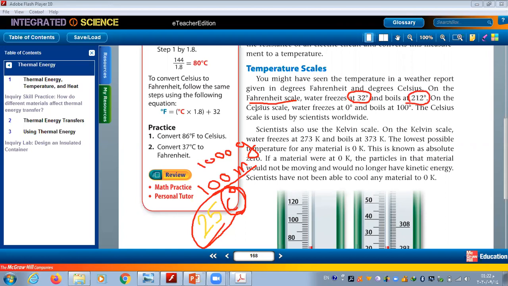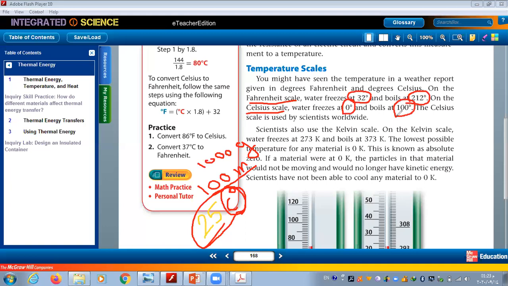The most common scale that we use here in Saudi Arabia, or in the Arab region, is the Celsius scale. In the Celsius scale, the freezing point of water is 0 degrees and the boiling point is 100 degrees Celsius.